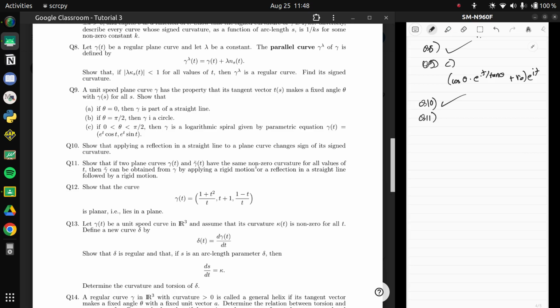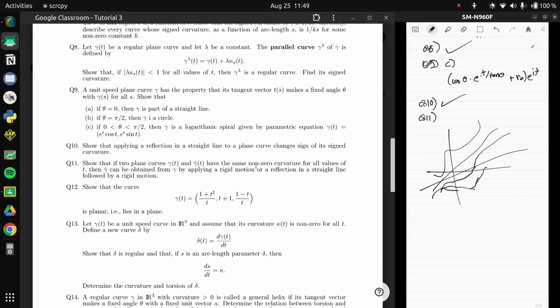Okay, next question 11. So what I was saying is, this is your origin, whatever curve you have, reflect about the y equal to x line. This is really bad, but yeah. And then you rotate this thing. How do you rotate this? I don't know, you can rotate and translate at the same time, to get the reflection across some other line.